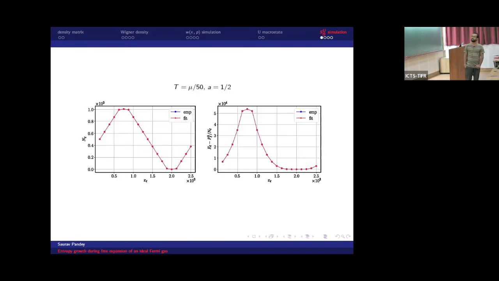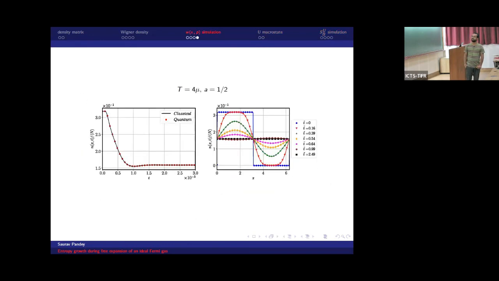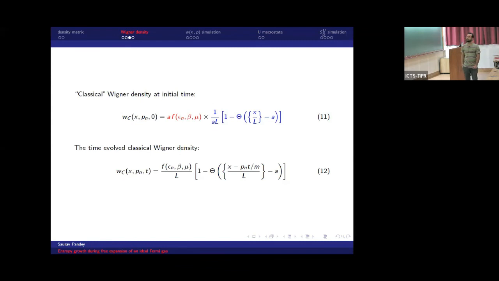For instance, this red one is the momentum marginal, which is what you get once you integrate out the position from the quantum Wigner function. So this is not really a Fermi function on the circle with some temperature and chemical potential.